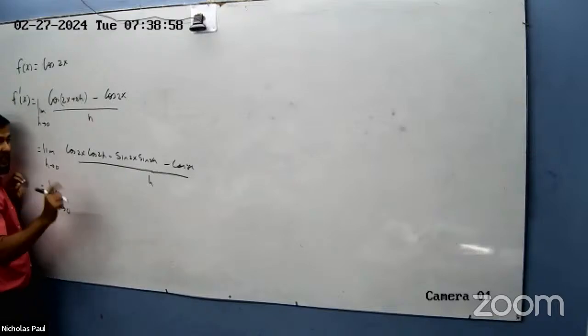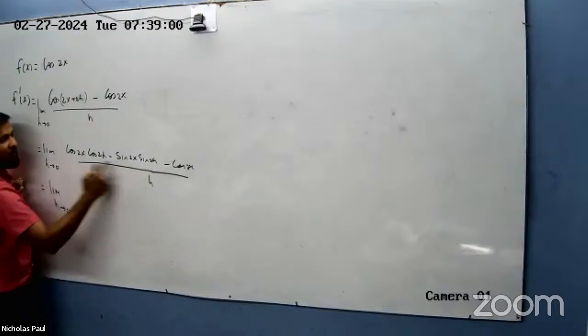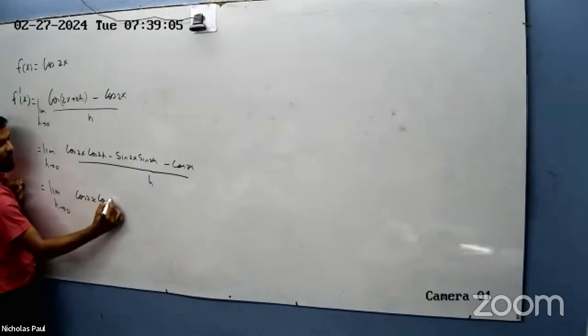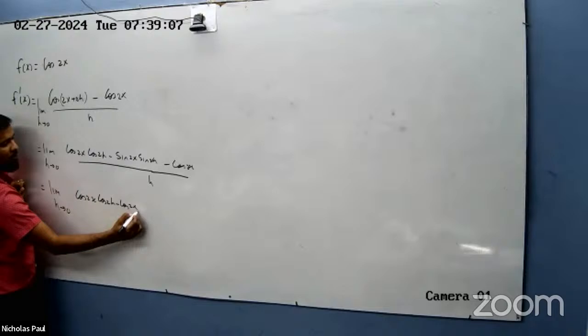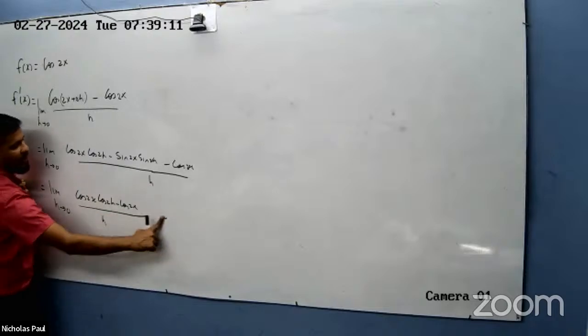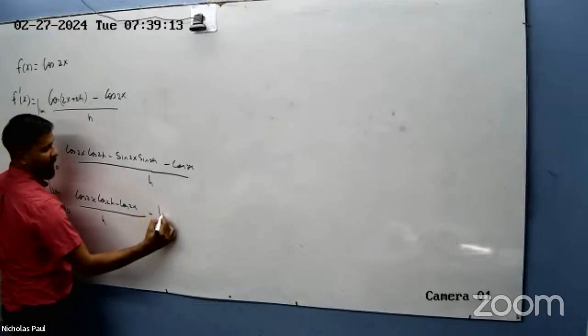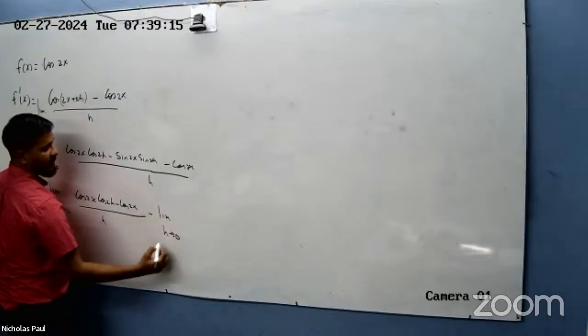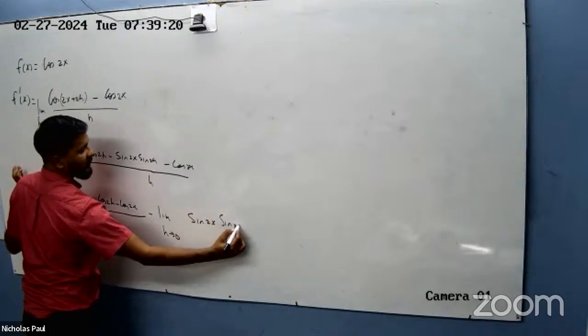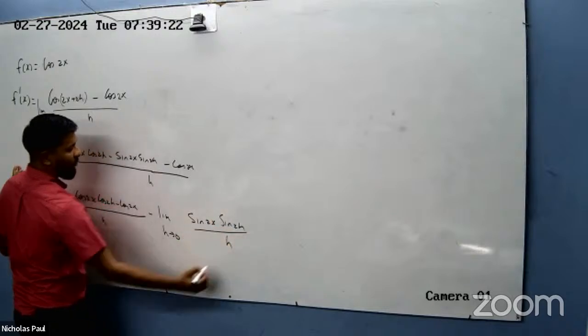We follow the exact same pattern. So I'm bringing the cos 2x together, all over h, minus the limit as h approaches 0 of sin 2x sin 2h all over h.